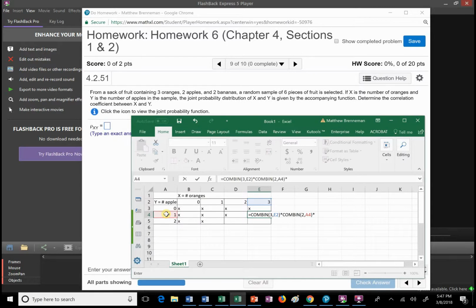So the combination 2 choose 2 is going to be 1, so I won't bother writing that down. And of course, this is going to be divided by a combination of 7 choose 6, which is just 7.